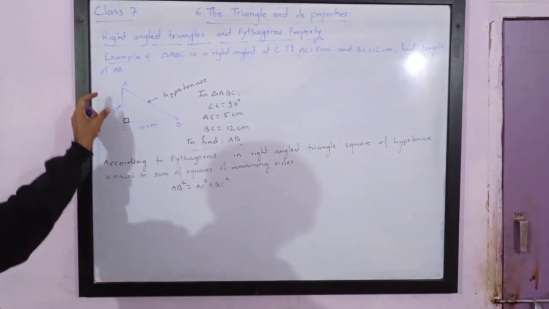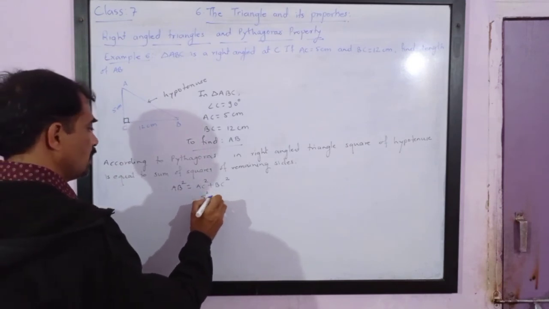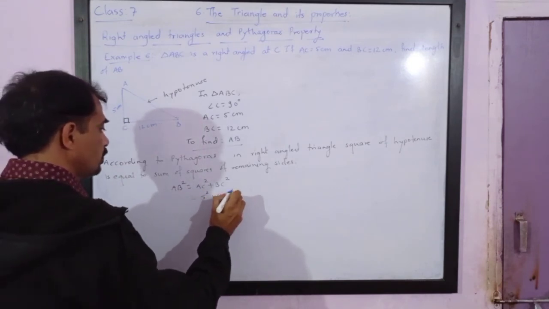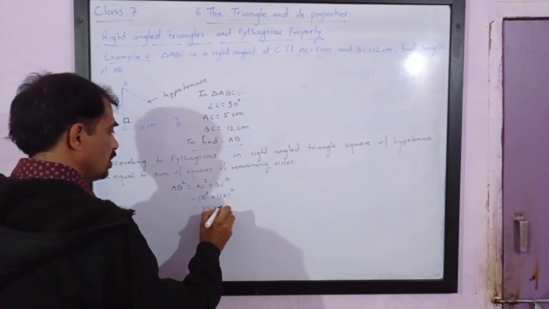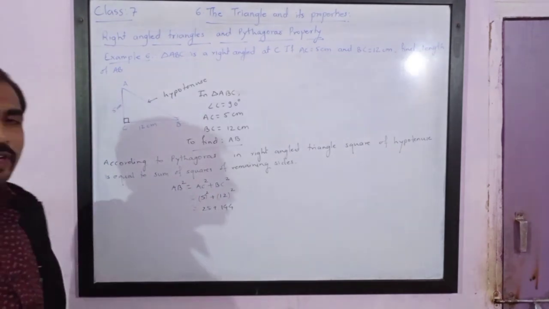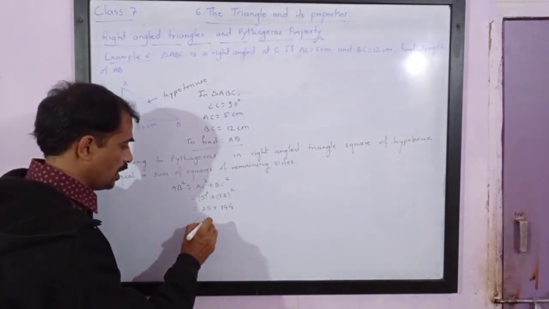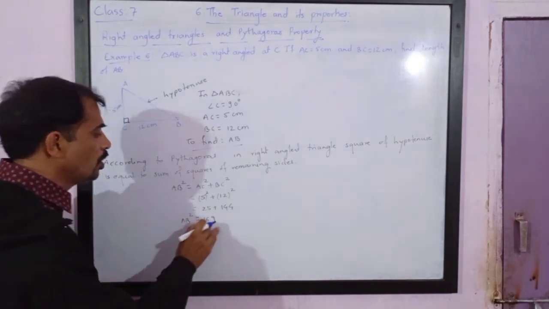Now two known values are there. Let us put them. We get AC is 5 square plus 12 square. So you will get 25 plus 144. 12 square is 144 and 5 square is 25. If you add them, you will get 169. Now AB square is equal to 169.